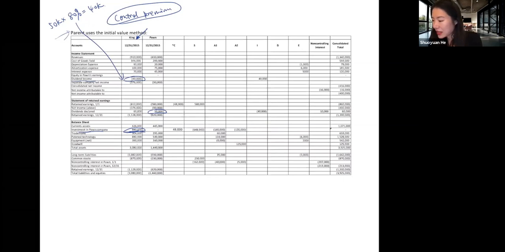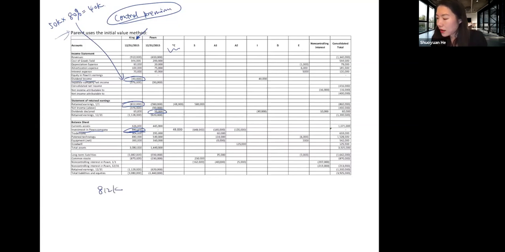Under the initial value method, in subsequent years, the first entry we need to make is the star C entry. The purpose of star C is to convert the beginning of the year parent's retained earning into what it should be under the equity method. Under the initial value method, we have 812,000.